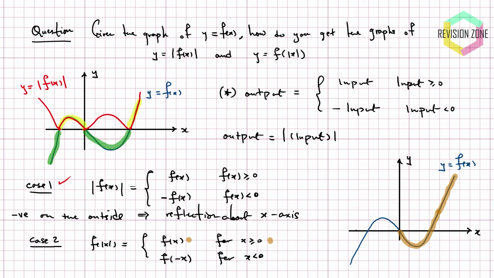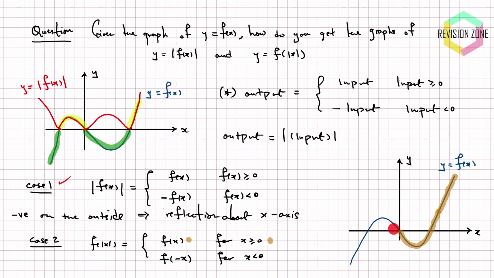But then if we look carefully at what's being said about the second case, the second case is whenever x is actually negative, we don't want to draw f of x, we actually want to draw f of negative x, right? And what does negative on the inside do? Well, that does a reflection in the y-axis, right? So I'm actually not going to have any of this.